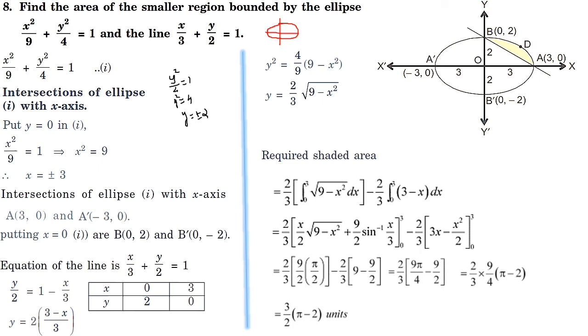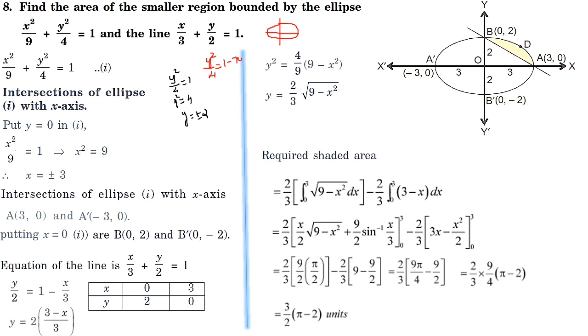Then next we need y values also, because our formula is integral y dx. So y values also we need. So here we can calculate y square from here. Now when we check here, x square by 9 plus y square by 4 is equal to 1. So y square by 4 is equal to 1 minus x square by 9.